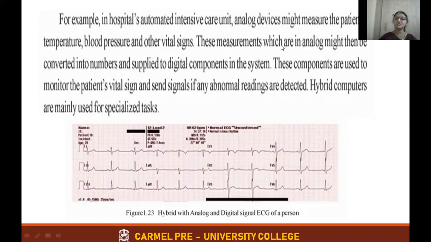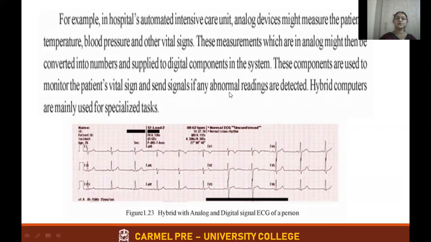So the measurements which are in analog might be converted into numbers and supplied to digital components in the system. Even in the computer, all the reports are computer generated. So it will be converted into numbers, that is nothing but digital form, and that will be shown in the report of any patient, any diagnostic, if anyone goes for one.